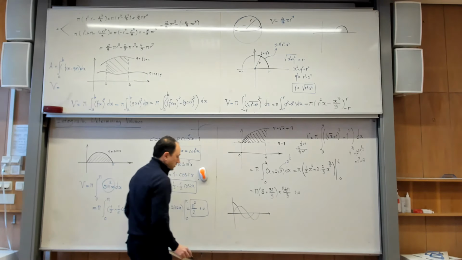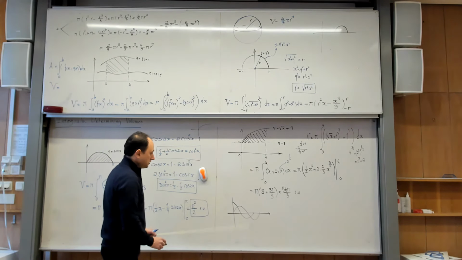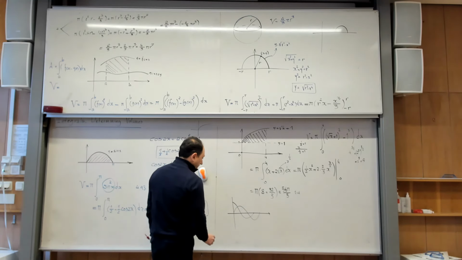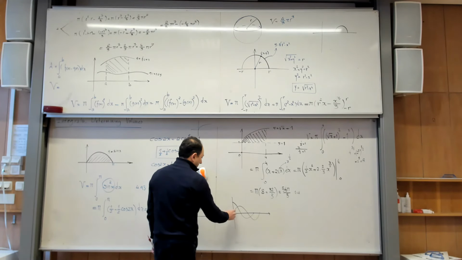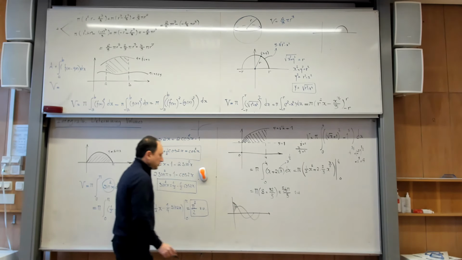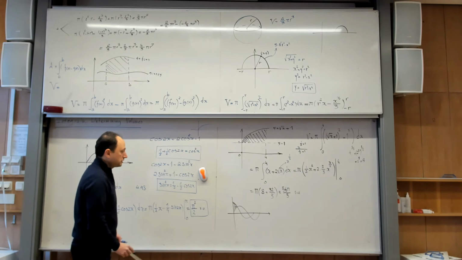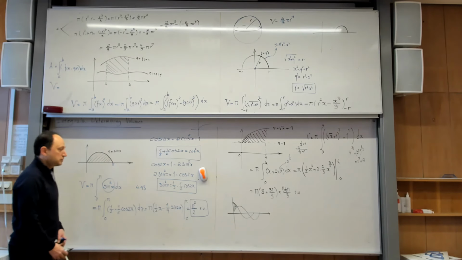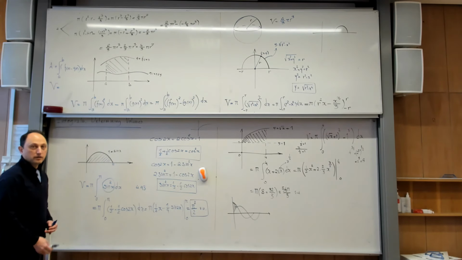So you need to find these numbers yourself. And then let us concentrate on this part. I want to rotate this part about the x-axis, and I want to find the volume generated by that. Yes?